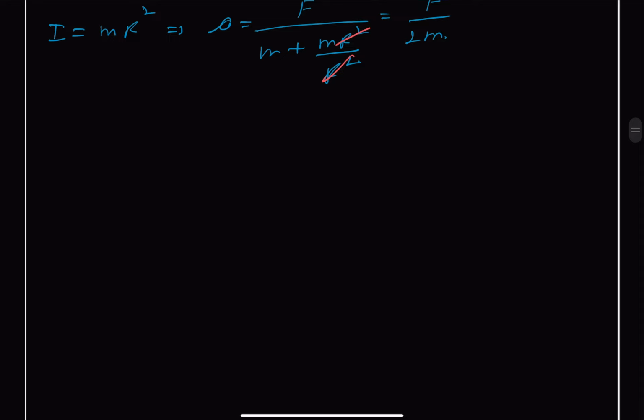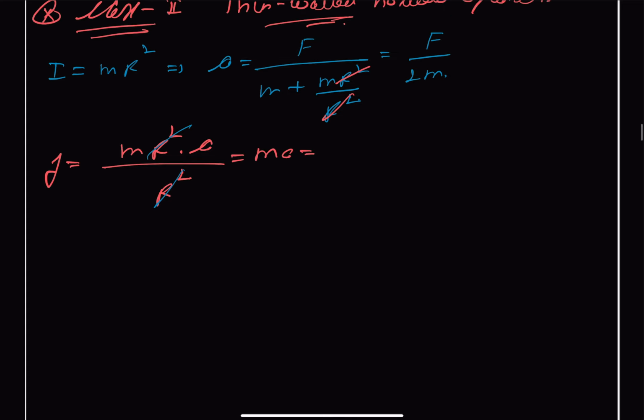Similarly, frictional force F will be equal to mr square multiplied by A divided by r square. R square and r square go away, and this comes into mass into acceleration, and our acceleration is F upon 2m. So this comes as F multiplied by F upon 2m. M and m cancel out, so this comes as F upon 2.